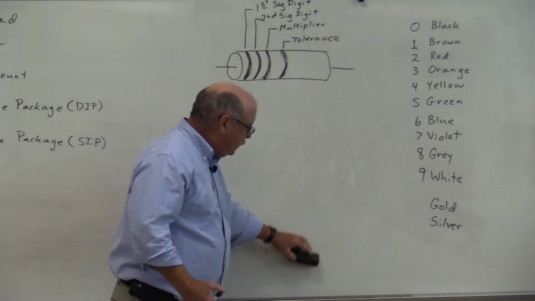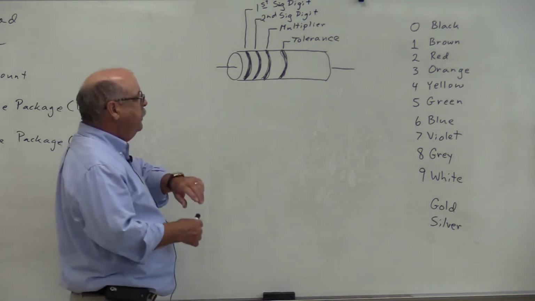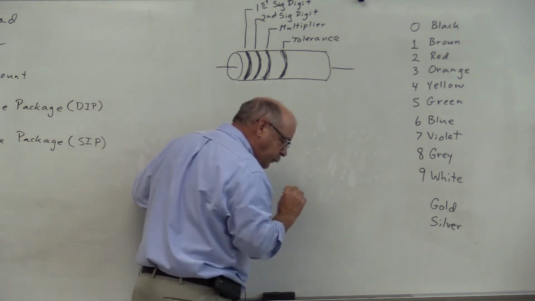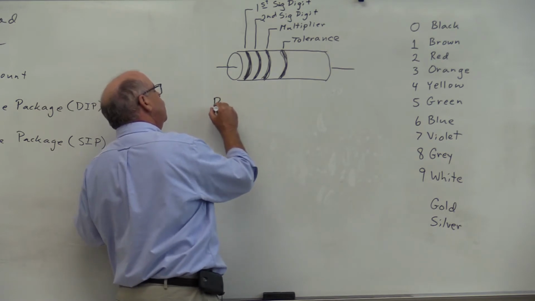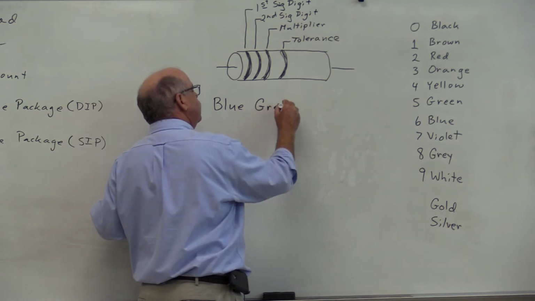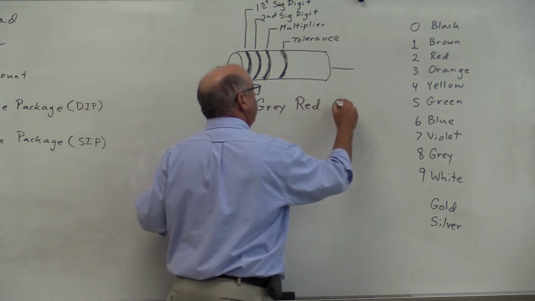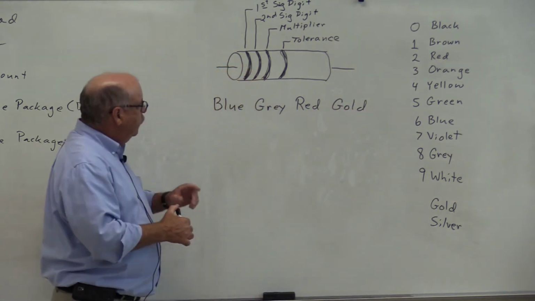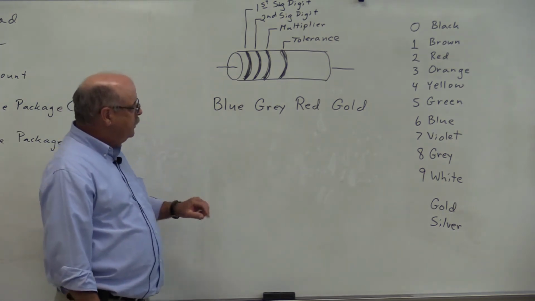Now this is best explained by looking at an example. Let's just assume this resistor has the following colored bands: blue, gray, red, and gold. So the blue and gray are the first two significant digits.